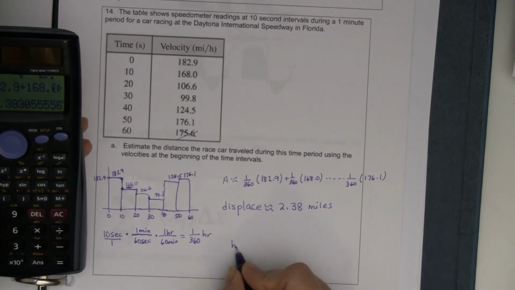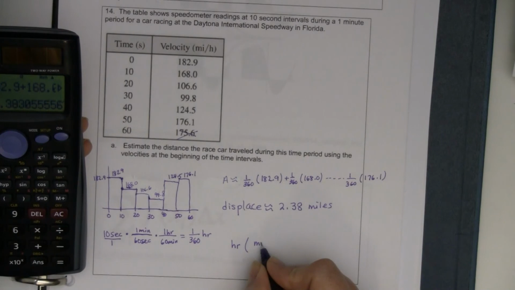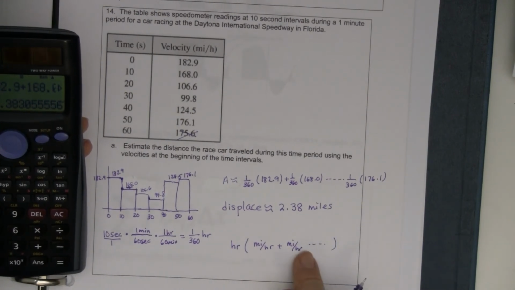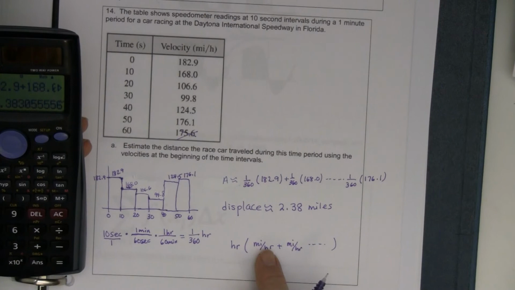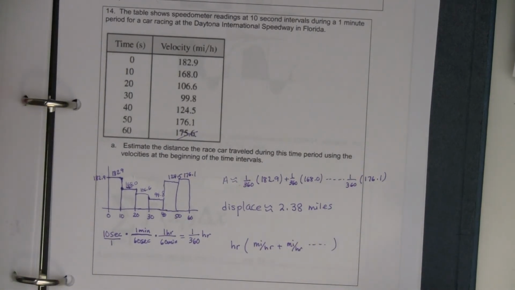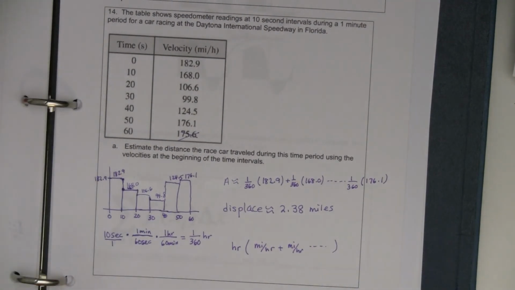So I have hours times miles per hour plus miles per hour, dot, dot, dot. So when you add them all together, they're miles per hour, and hours times miles per hour is just miles. So that's our estimate. It didn't say where to round to, so I'm going to call it good.